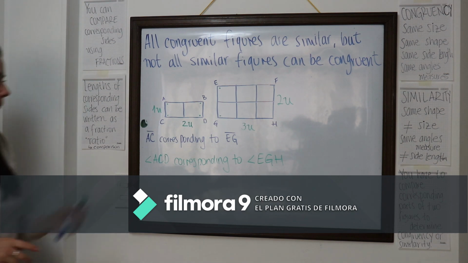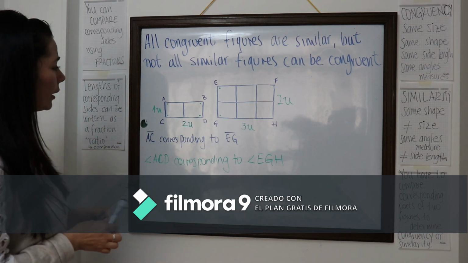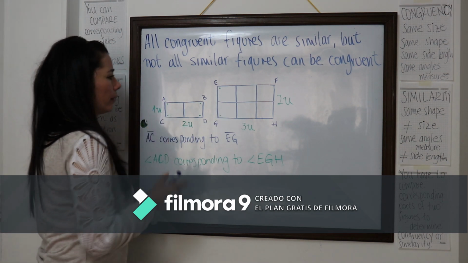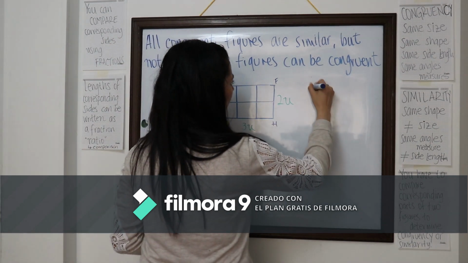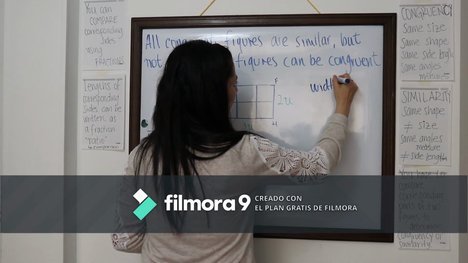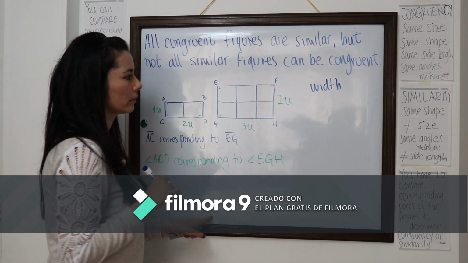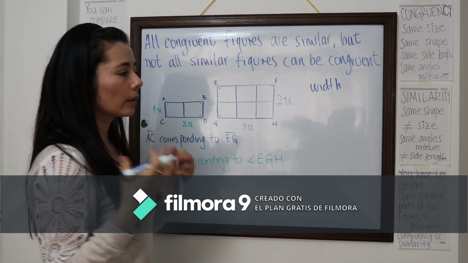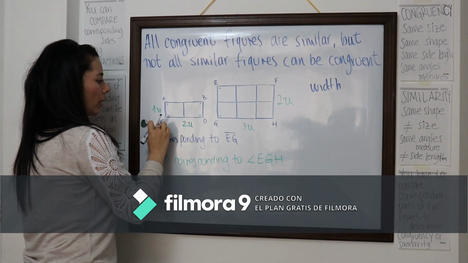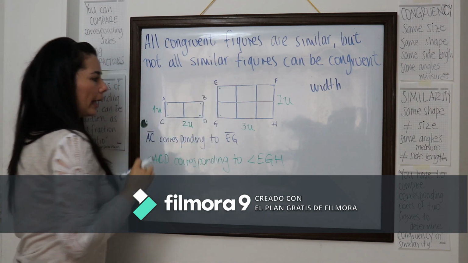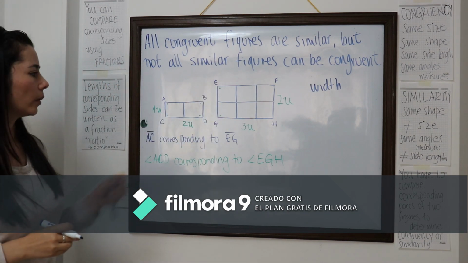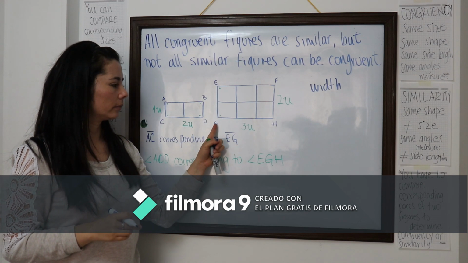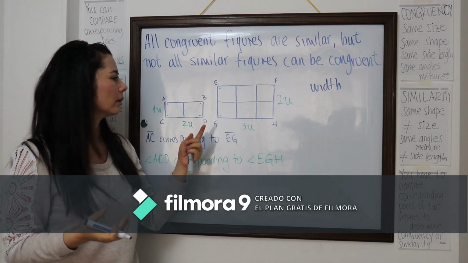How does that work? Well, here in the case of the width, we can talk about the width, right? There's a relation between the width in the smaller rectangle and the width in the greater rectangle. Well, that sounds kind of redundant, right?